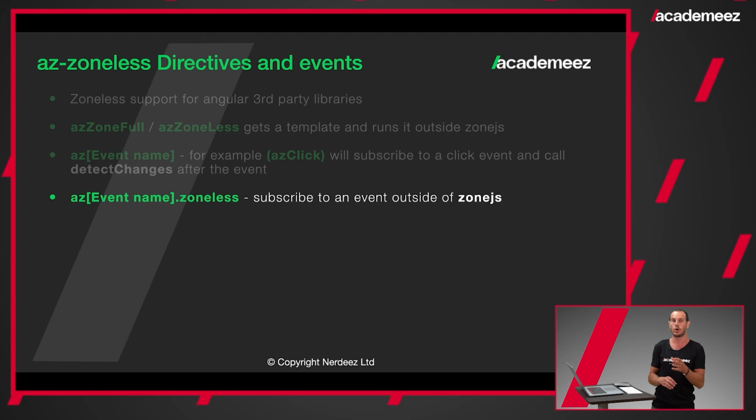In case you do work with zone.js and you want to run an event outside zone.js, we have special events that are prefixed with AZ event name like azclick.zoneless, and those events will run outside zone.js. This is in case you have a zone.js library and you want to run an event outside of Angular zone.js.